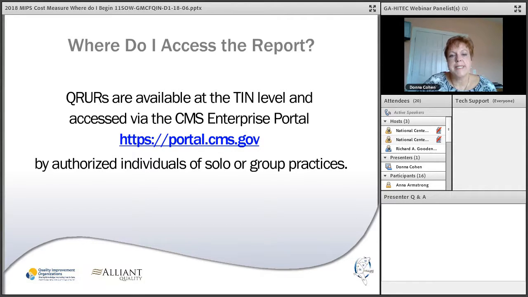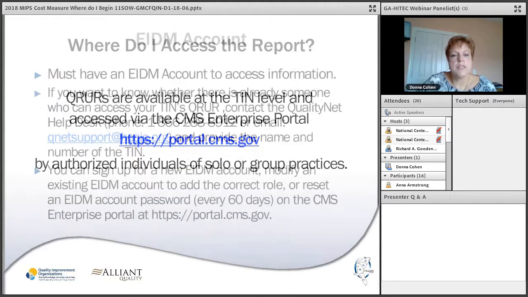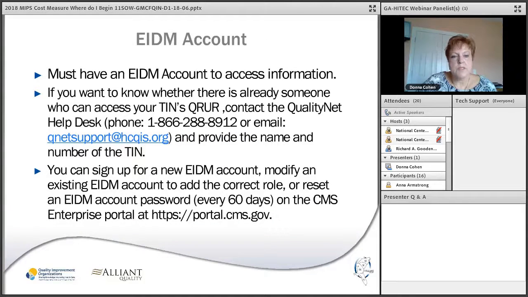So if you've not been set up to be able to access these reports, on the next slide I will show you how you can get access to an EIDM account to access these reports. So you must have an EIDM account.